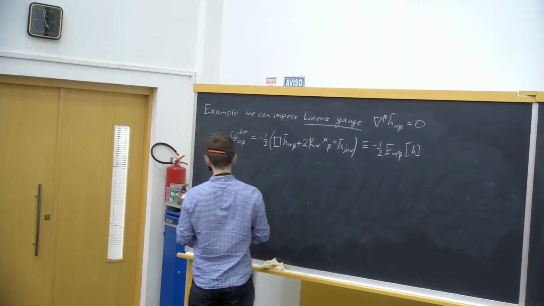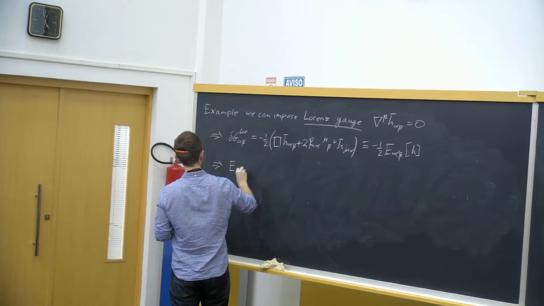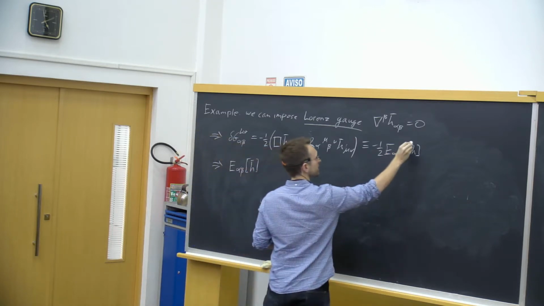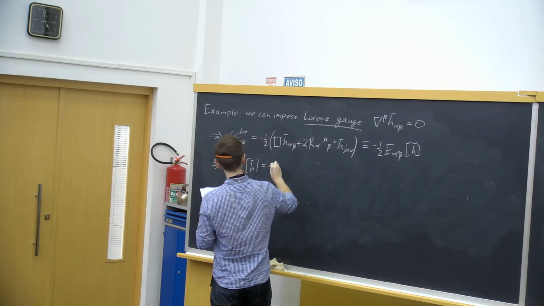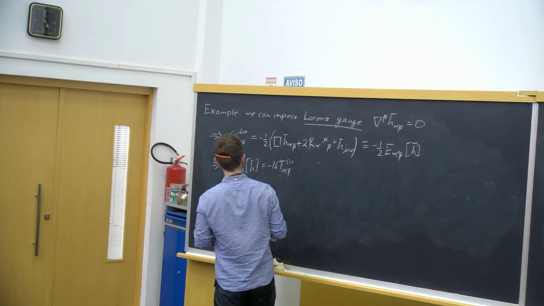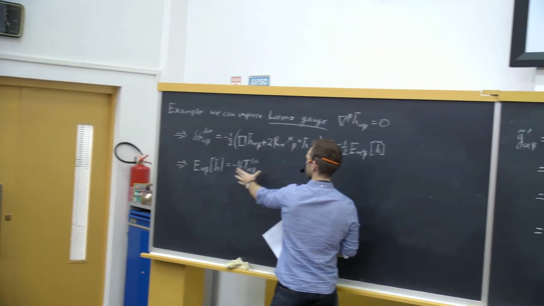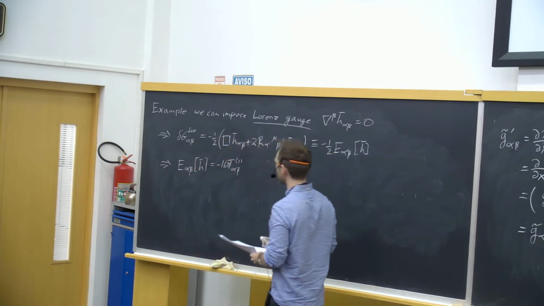So in this gauge, the linearized Einstein equation looks like this. Just E of h bar is -16 pi T alpha beta.